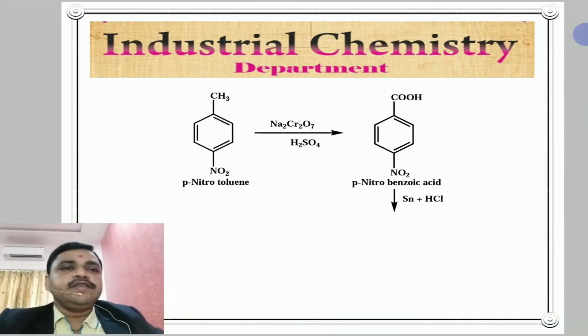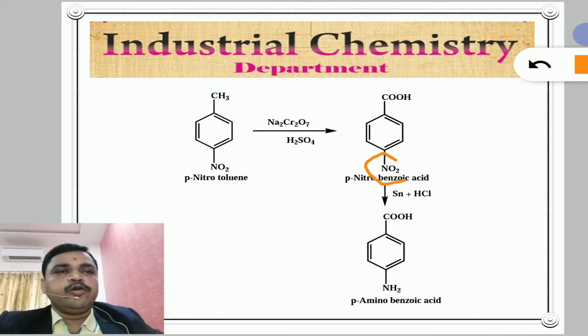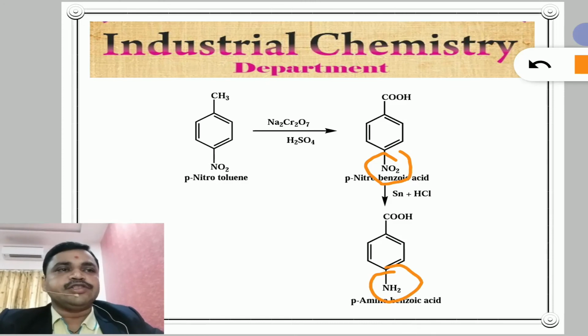Now this para-nitrobenzoic acid is treated with acid metal reduction in the presence of tin and hydrochloric acid. Para-nitrobenzoic acid is converted into para-aminobenzoic acid. Here the NO2 group is converted into NH2.